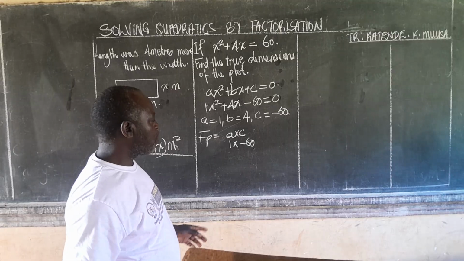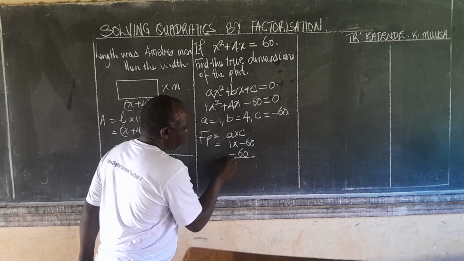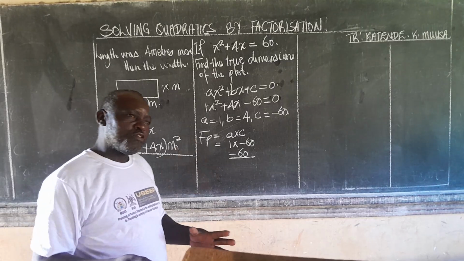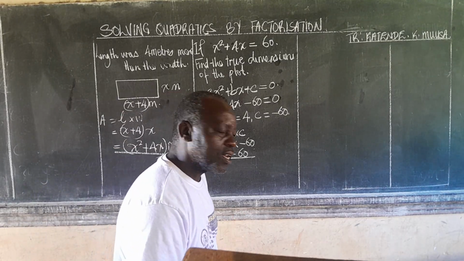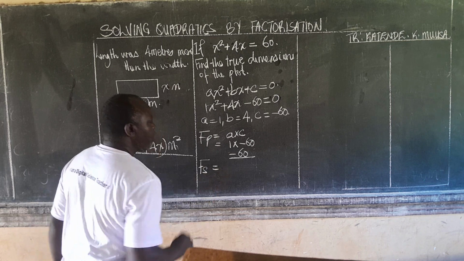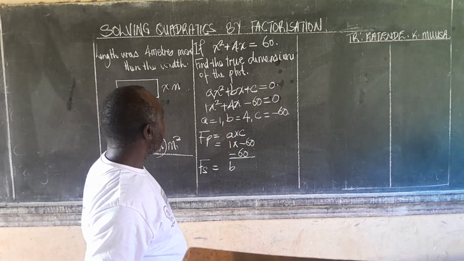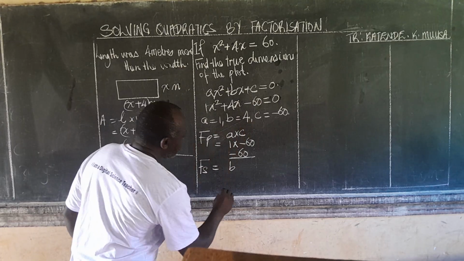Therefore, we have to look for two factors in a way that when we multiply them, we get negative 60. And then the factor sum is b, and in our case, b equals 4.